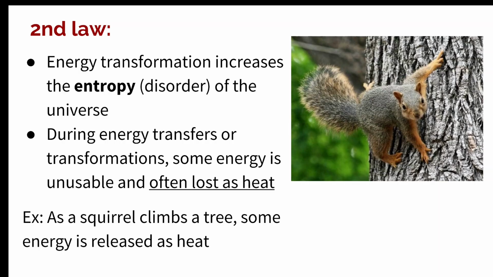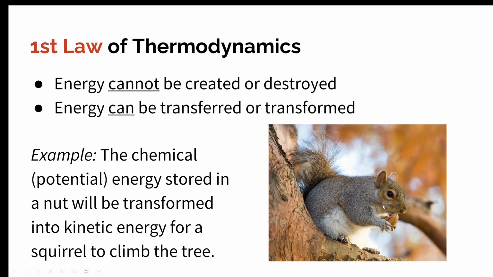So the energy transfer, let's go back to the previous picture where we have this squirrel with a nut. The chemical energy in the nut going to potential energy as fat, and then the potential energy turning into kinetic energy as the squirrel moves. There's never going to be an instance where 100% of the energy is transferred from one source to another.